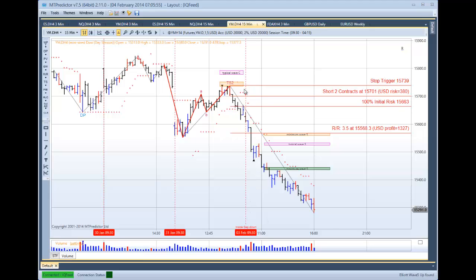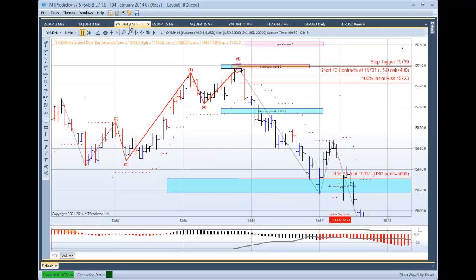So therefore, with the large degree trend down on the higher time frame chart, even the more experienced users could have anticipated that the shorter term trade on the 3-minute chart would have exceeded the first target, and as such go out to the second target.